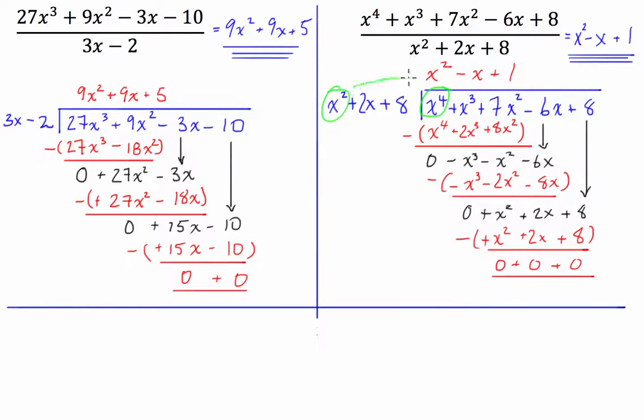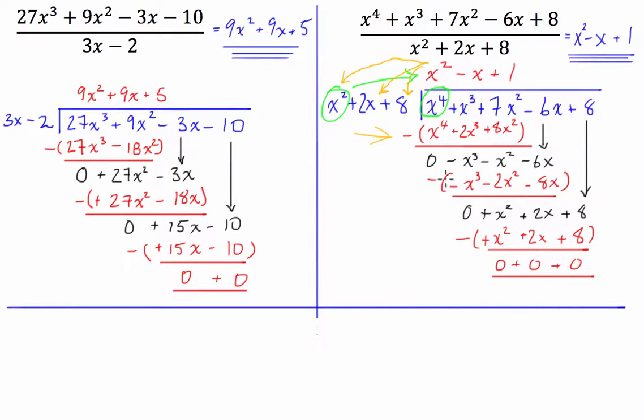And that took our solution up to here. Then this was then multiplied by all the three numbers and the solution was stuck down here, and we subtract one from the other. We then bring down the final term and we get another solution.